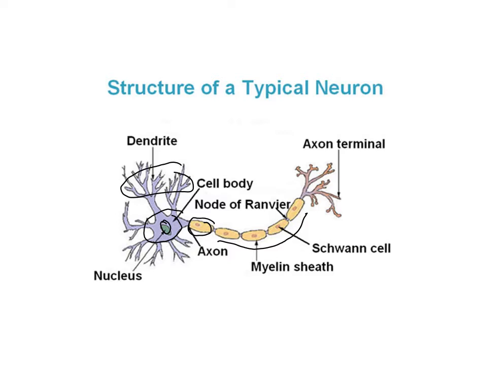However, in between that, there is always a little gap, and that is where, so this is the hillock of the neuron where the electrical information collects, and then it's going to jump from node of Ranvier to the next node of Ranvier to the next node of Ranvier and down, because electrical signals can then move much faster than chemical signals.